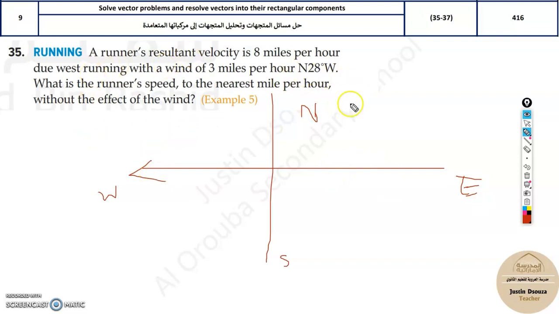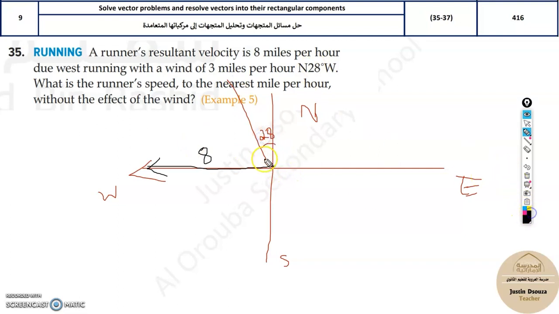Over here they have told us due west, 8 miles per hour, so let me draw this vector. That is 8. Now, what else is known? A wind of 3 miles per hour north, 28 degrees west. So let me mark north and west over here. This is 28 degrees.